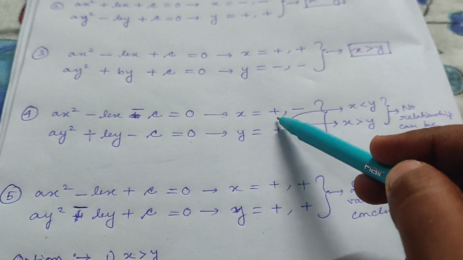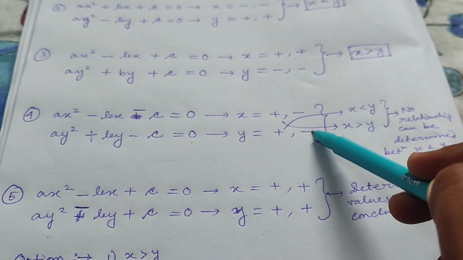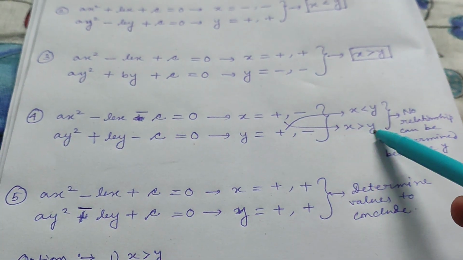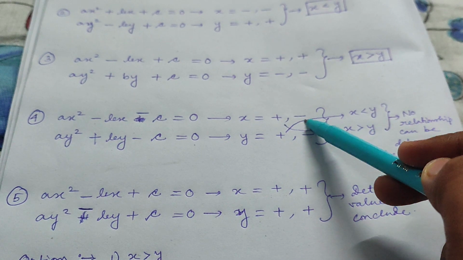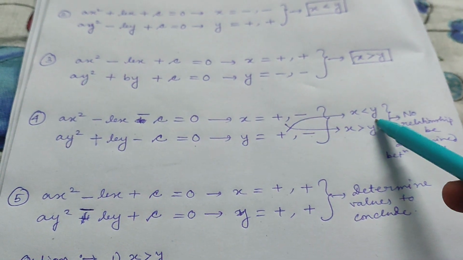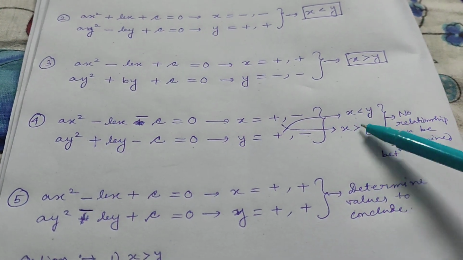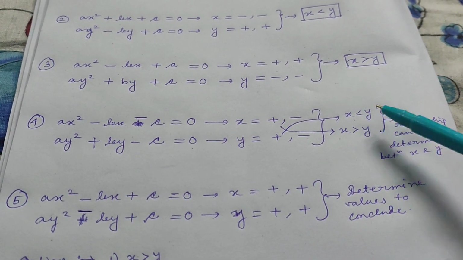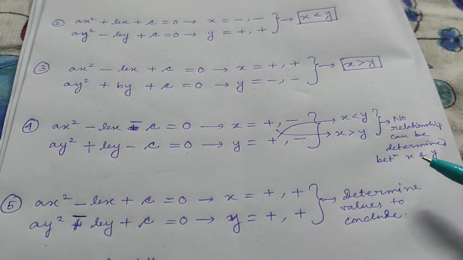When we compare diagonally, the positive value of x is greater than the negative value of y, so here x is greater than y, whereas the positive value of y is greater than the negative value of x, so here x is less than y. When we find both x greater than y and x less than y, then we cannot determine the relationship between x and y.